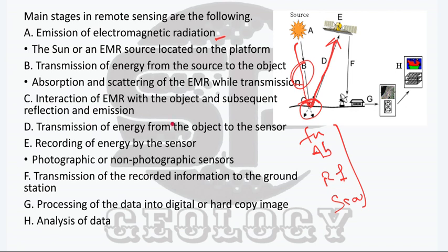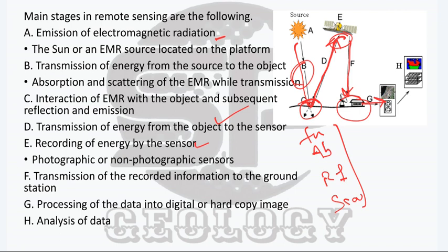Transmission of energy from the object to the sensor, then recording of the energy by the sensor, then the sensor transmits it to the ground station, which processes the image and sends it to computers, operators or scientists. They analyze the information. This is the whole process of remote sensing.